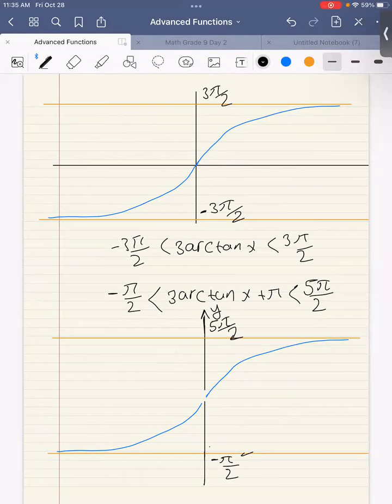Now, what is this point? So what is the y-intercept? For the original 3 times arctan, you have 0, 0. So when you move it pi upward, this point is just pi, y is equal to pi. And that's it.